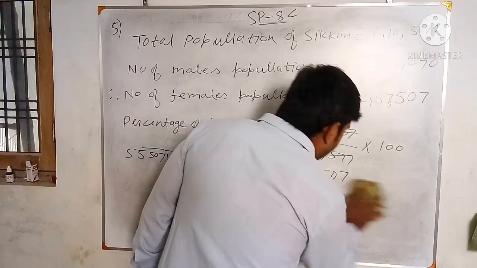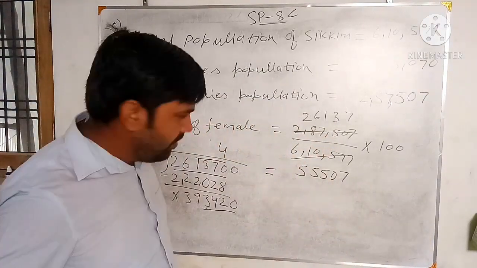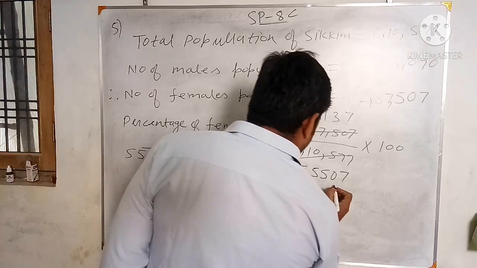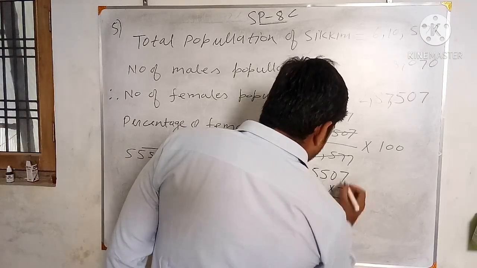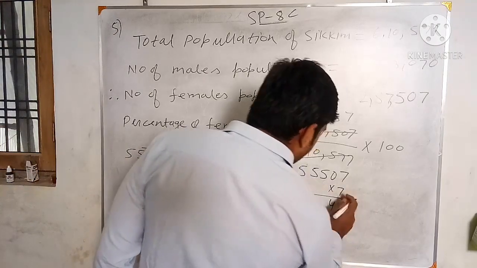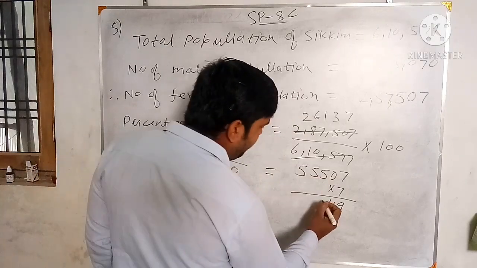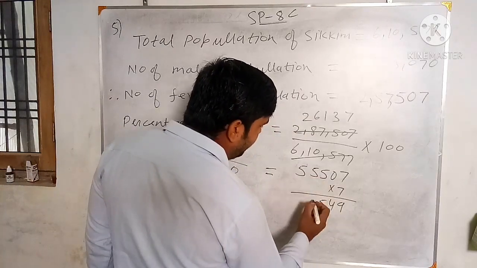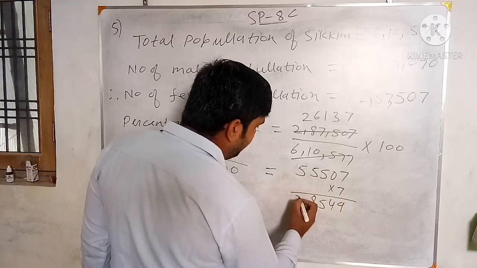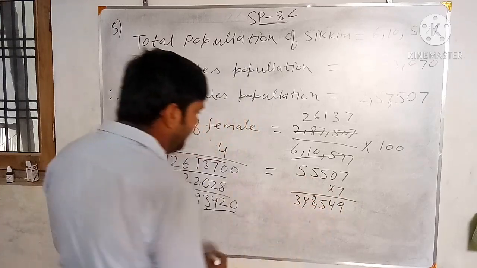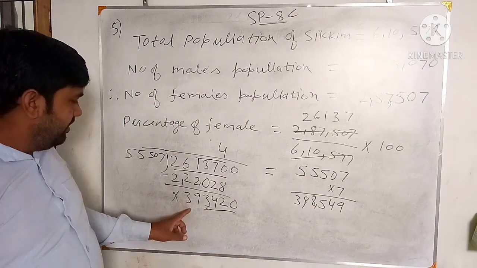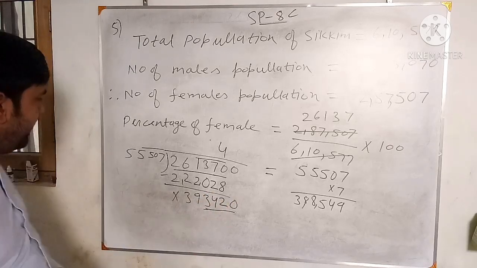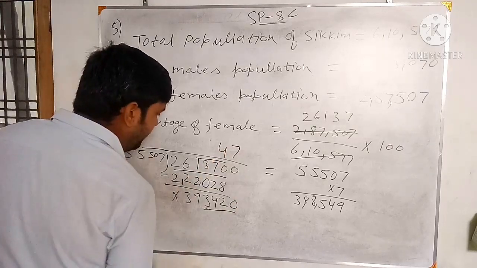We go for 7 times. 7 7s are 49, 7 5s are 35, 5 carry 3, 7 5s are 35, 38. So 3,88,000. Here 3,93,000. So definitely it will go 7 times.